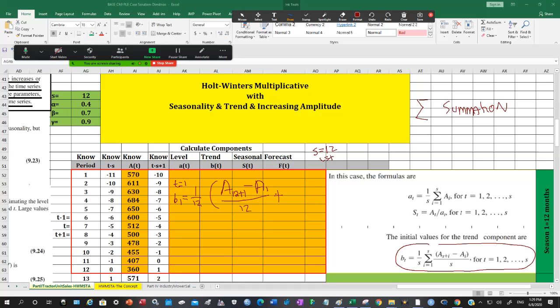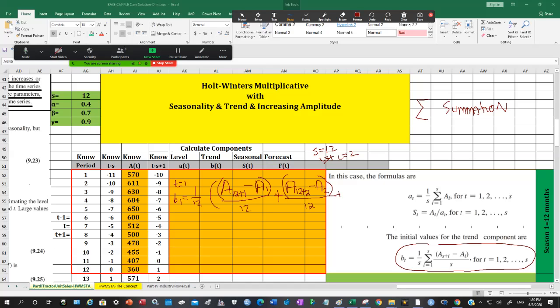So now you have A actual of 12 plus 2 minus actual of 2 divided by 12.